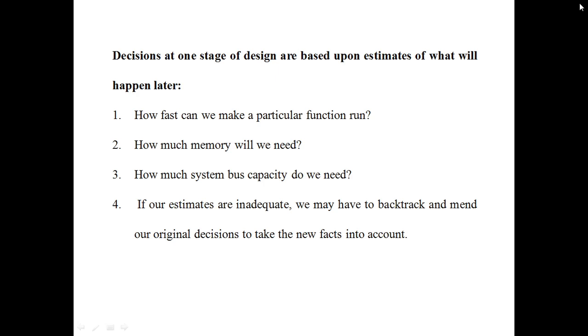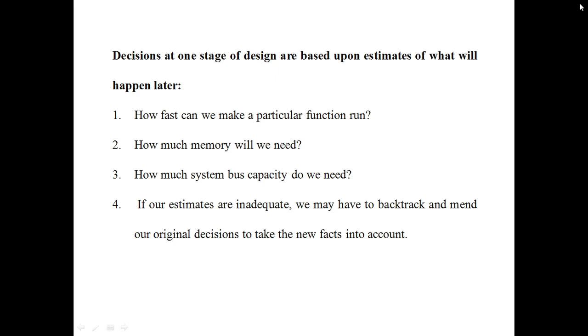We have to satisfy some questions, like how fast can we make a particular function run. Whenever we complete our design or our products, other questions may be raised. These four questions are important to analyze the product. The first thing is, how fast can we make a particular function run.